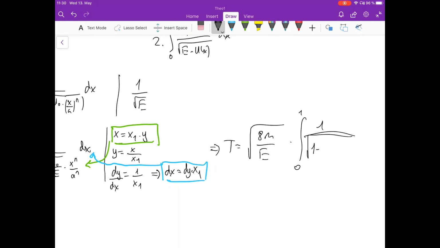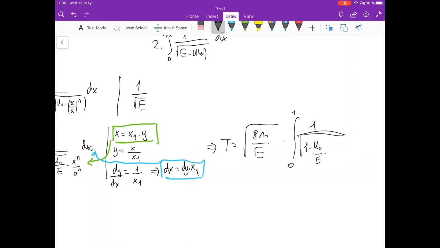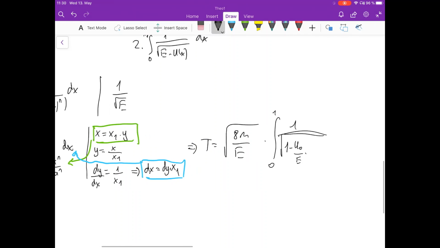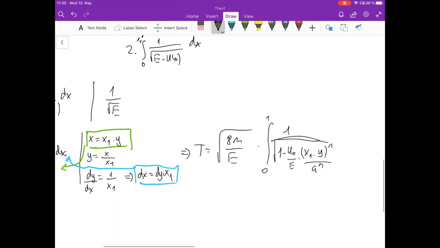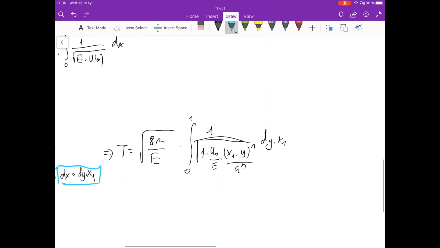So yeah, 1 divided by the square root of 1 minus u null divided by e times... yes, now plugging x back in, x1 times y over n divided by a over n dy times x1, not forgetting x1.